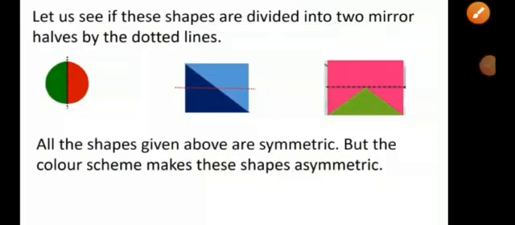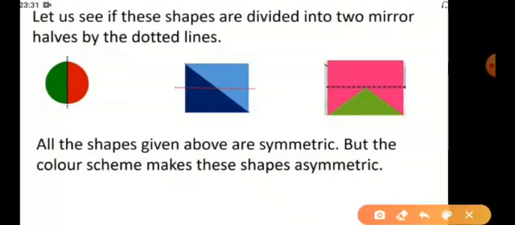Let us see if these shapes are divided into two mirror halves by the dotted lines. All the shapes given above are symmetric. If we consider circle, rectangle, and again one more rectangle without color, we can say that all the shapes are symmetrical shapes.